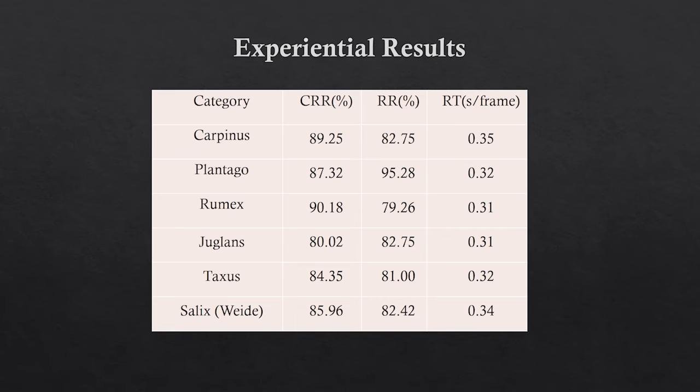The correct recognition rate can reach more than 90%, and the recall rate can reach 95%. For pollen images with relatively poor quality, such as Juglans, it can also achieve about 80%.